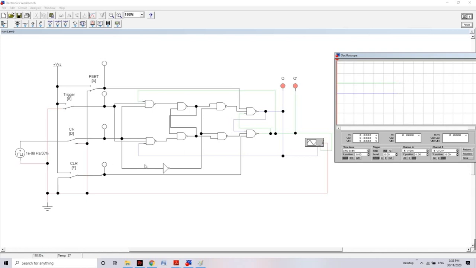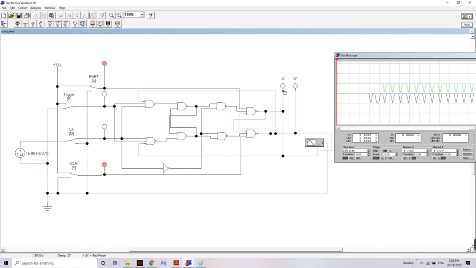So when the preset and clear are both equal to 1, as you can see, the indicator is blinking, which means that the asynchronous inputs are inactive, and the FF is free to respond to the values of JK, or the value of the trigger, and the clock inputs. In other words, the clock operation can take place.